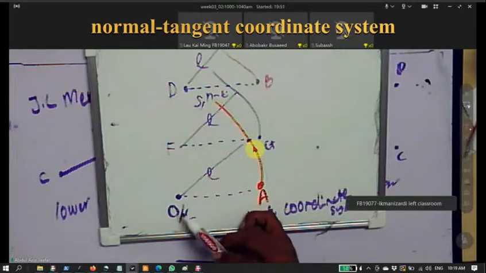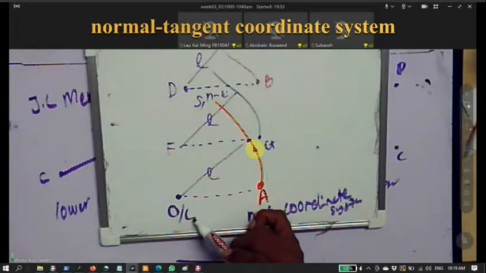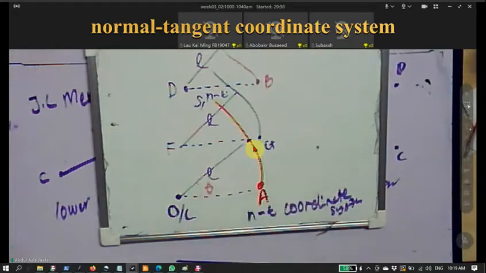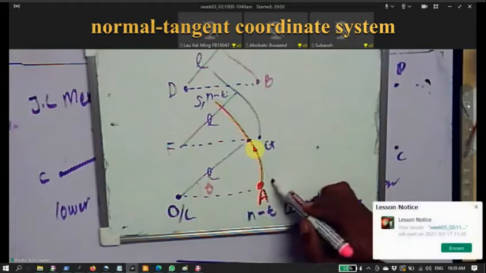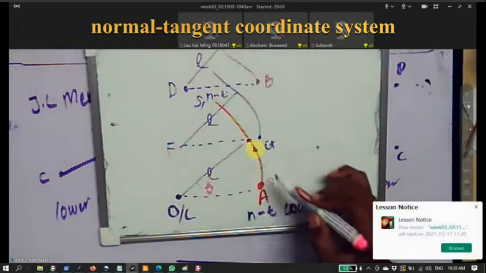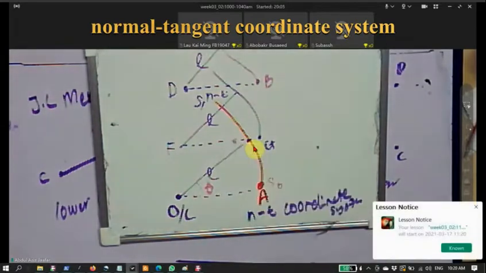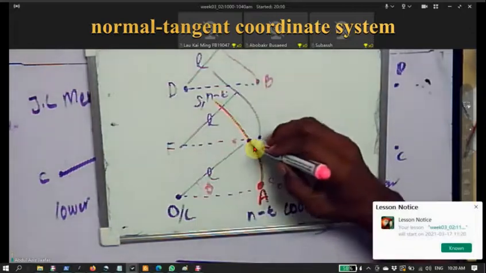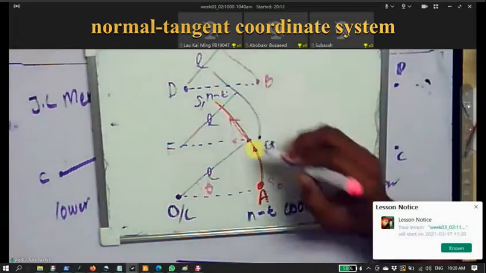One of your friends suggests that the origin should be placed at C. When we look at a certain angle, when it moves from S0 to S, at this location the velocity is moving in that direction.